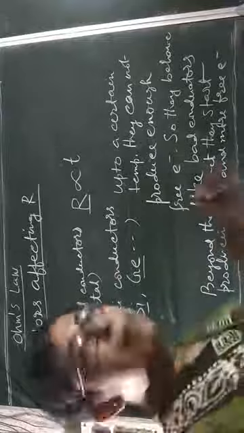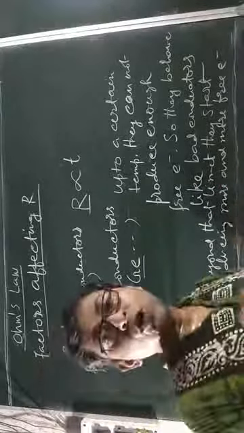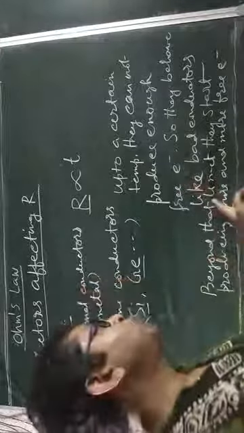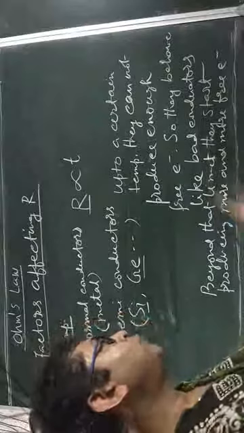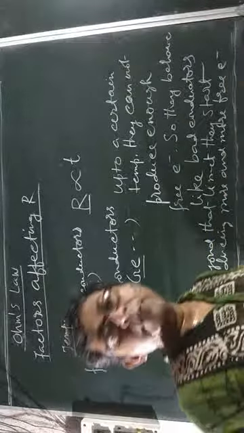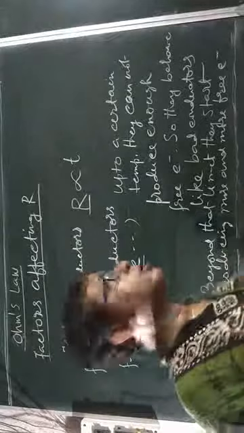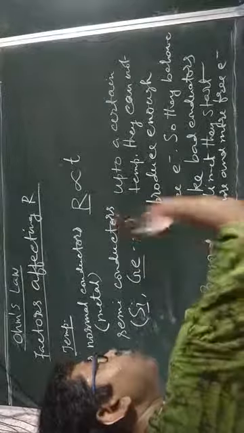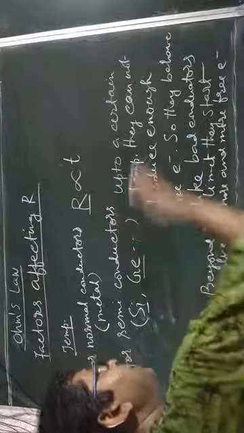That means as temperature becomes higher and higher, after reaching that specific temperature, when the temperature rises further, they start producing more and more free electrons. That means they start behaving as better and better conductors. So up to a certain temperature they behave like insulators. Beyond that temperature they start behaving as conductors.